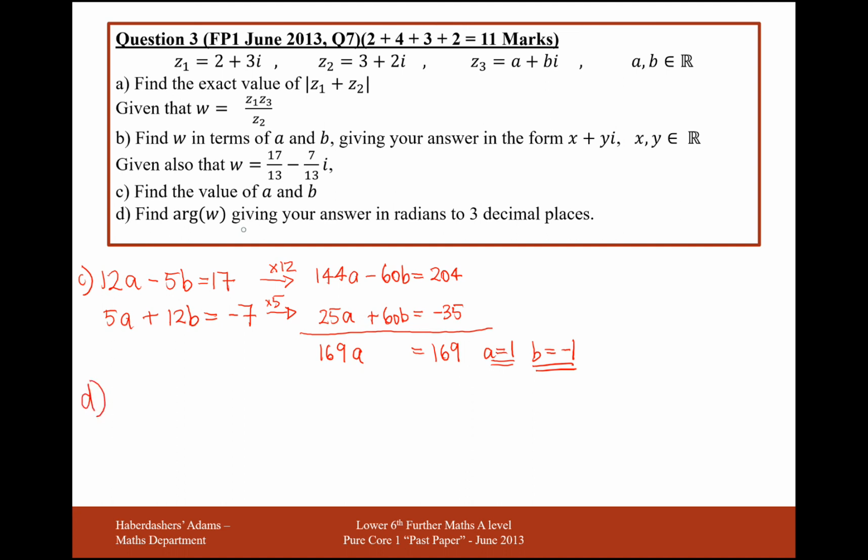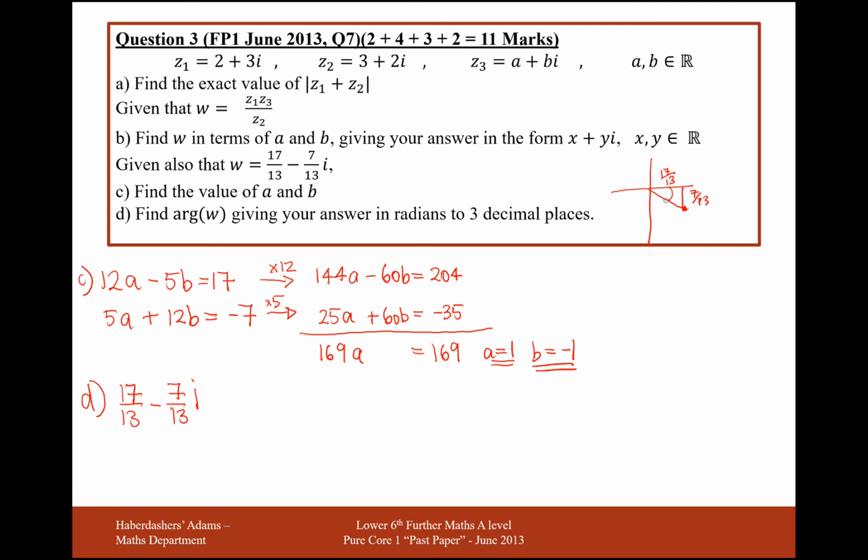Find the arg of w, giving your answer in radians to 3 decimal places. So we have 17 over 13, take away 7 over 13i. So remember, this is going to be the angle on the Argand diagram. 17 over 13 is going to be to the right, 7 over 13 is going to be down here. So we're going to have 7 over 13 going this way and 17 over 13 going this way.